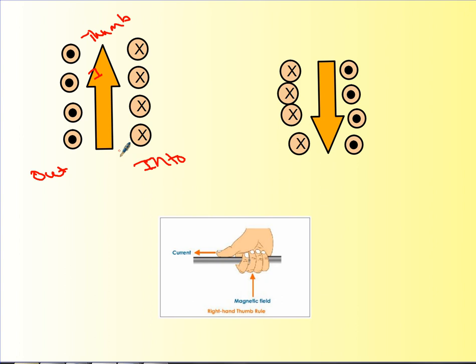If you just curl your fingers around, you'll see on the back side they're coming out, and then they curl around the wire and go into the page. So the magnetic field looks something like this for a current going up. If the current's going down, you put your thumb going down, and then it switches sides. So the magnetic field is going into the page on the left side and out of the page on the right side.